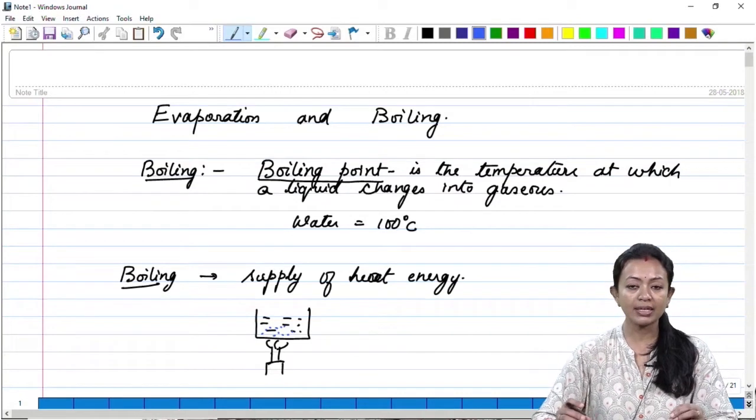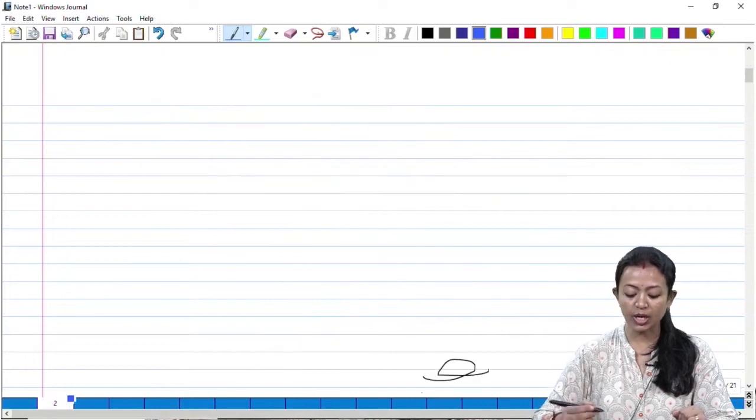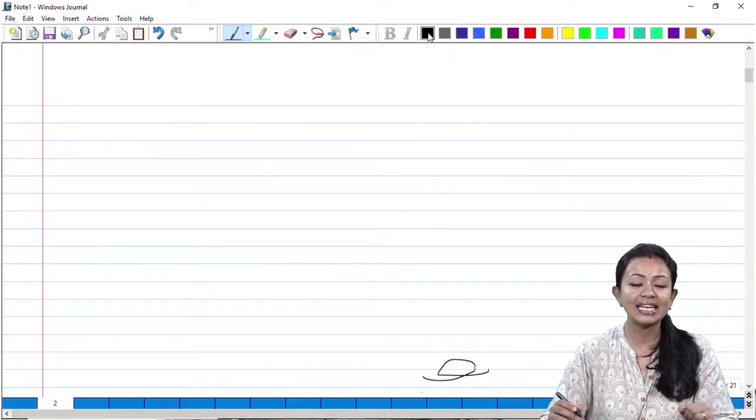So here you make a deliberate attempt to give energy to the system, which does not happen in case of evaporation. In case of evaporation, it takes place at any temperature.